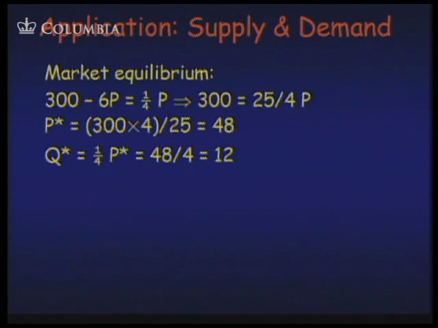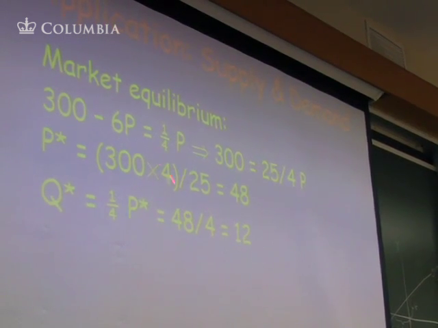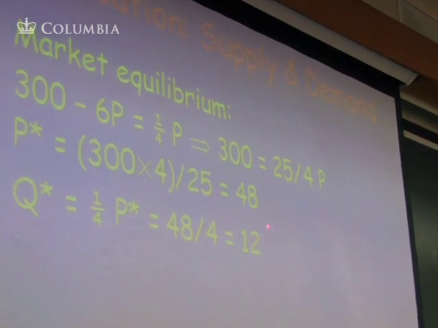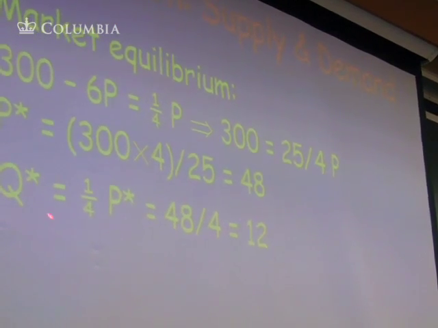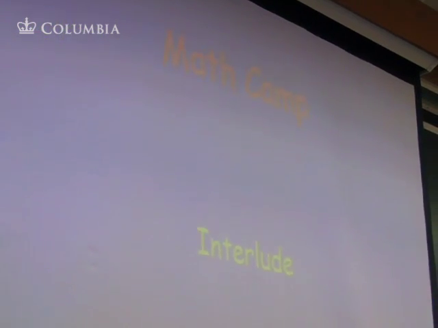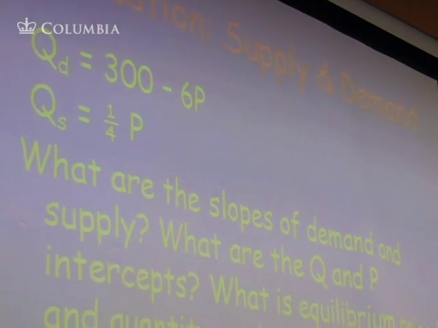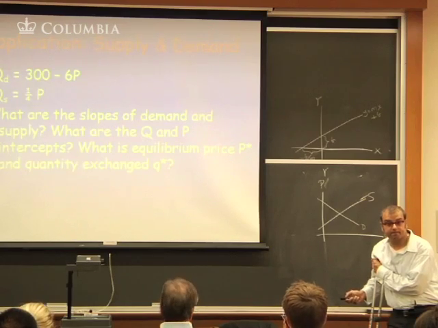Well, we can simply set the demand function equal to the supply function, QD equals QS, and solve for P, or rather P star. We get a value for P of 48, a value for Q of 12. And we don't have to worry about what that looks like.